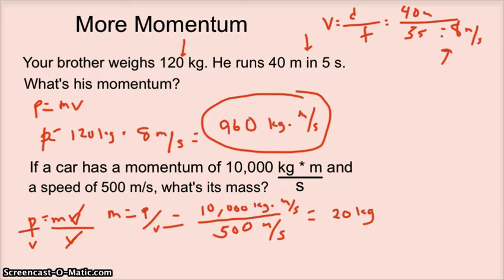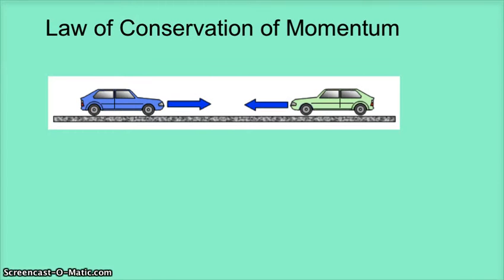We do have a kind of an instructional slide here. Imagine two cars of different masses. Say one of these weighs more than the other. Maybe the green one weighs more. Have a head-on collision. We can predict what will happen after the collision because of the law of conservation of momentum.